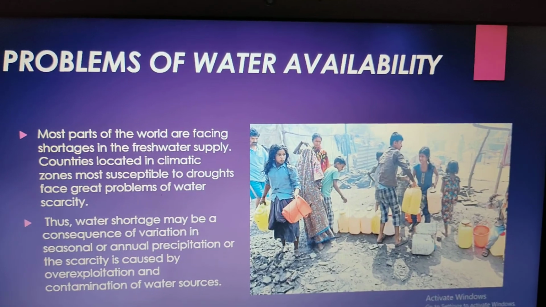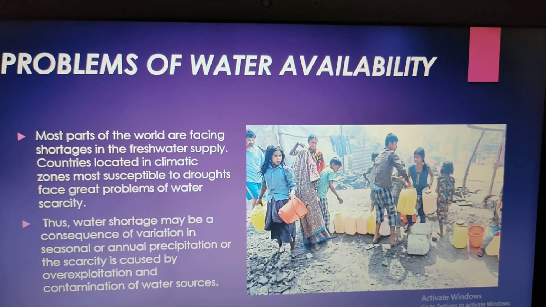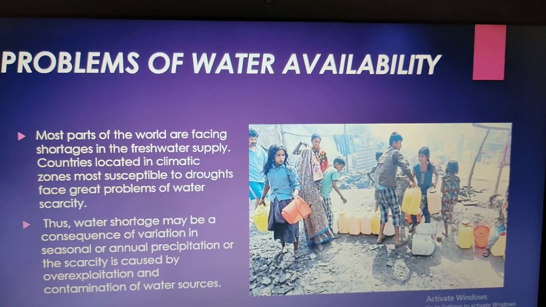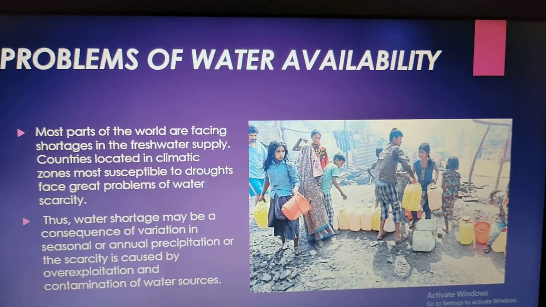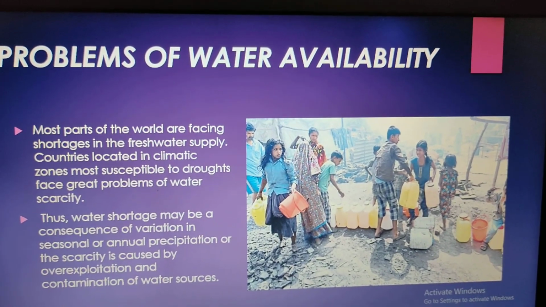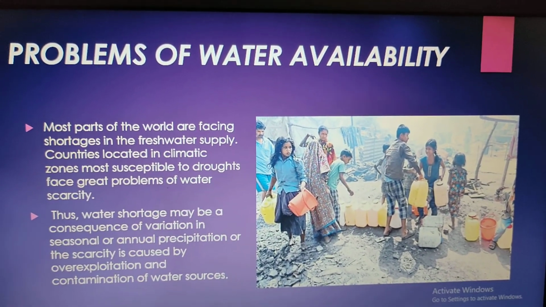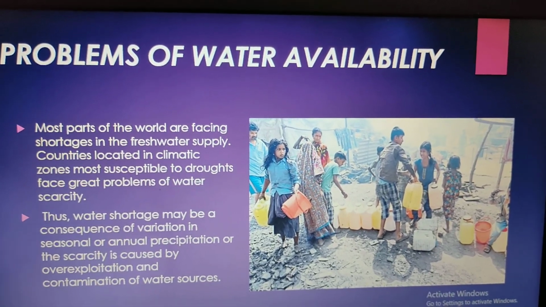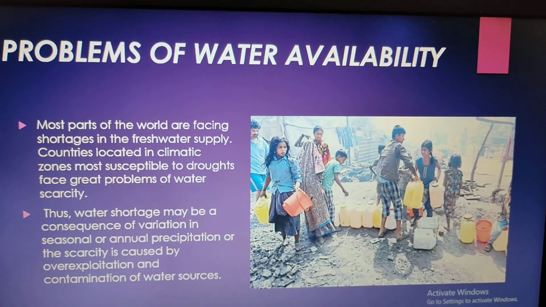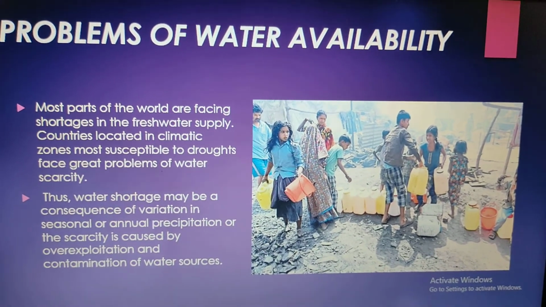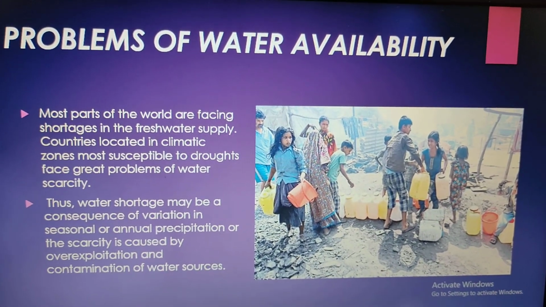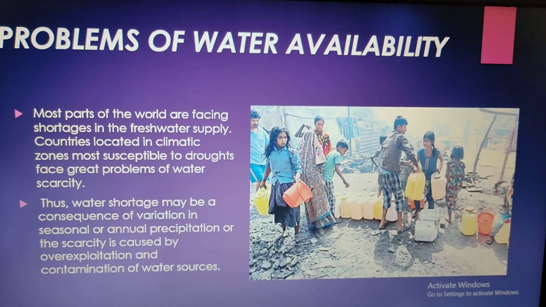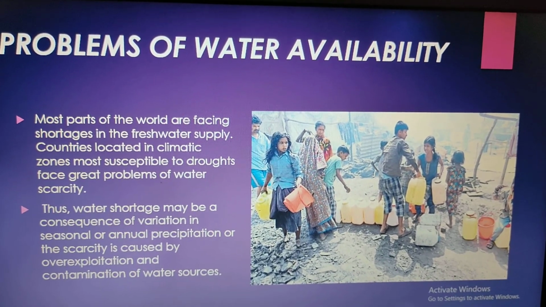The Tropic of Cancer divides, sorry, the Tropic of Cancer divides India into two equal halves, right? And the areas which lie near the Tropic of Cancer are more prone to droughts as well. The annual rainfall is very less, right?